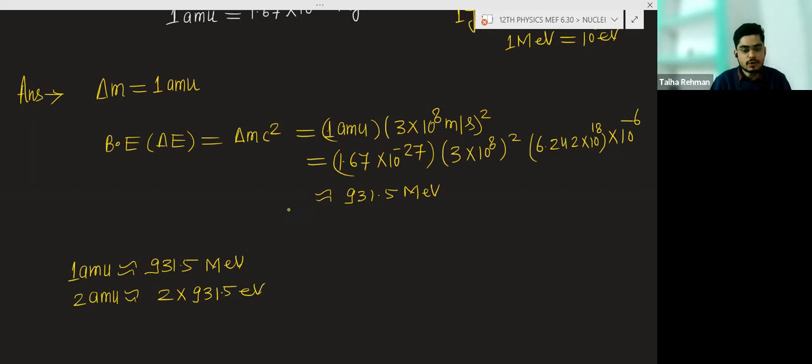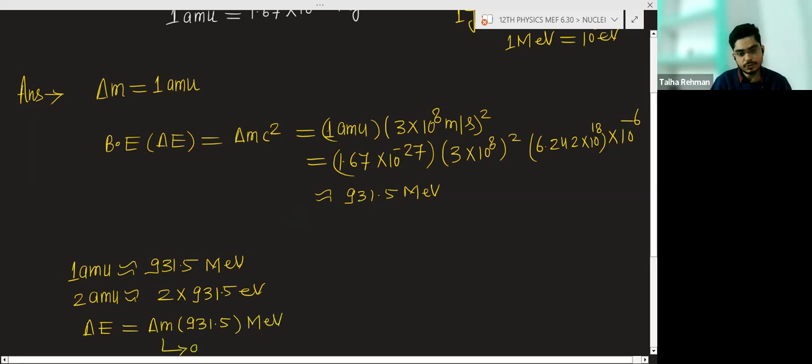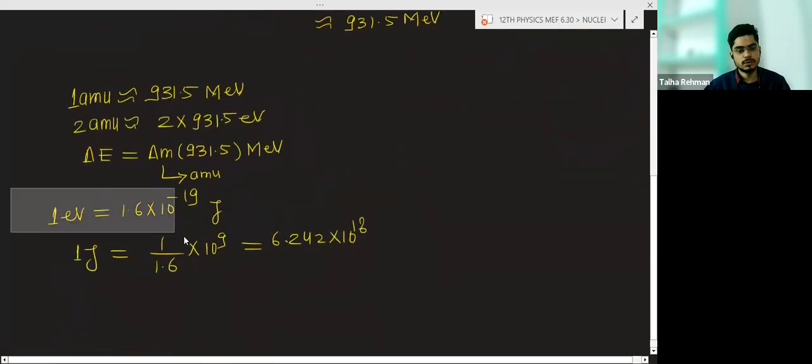So we can convert our formula: delta E can be written as delta M multiplied by 931.5 mega electron volt, and this mass should be in AMU.